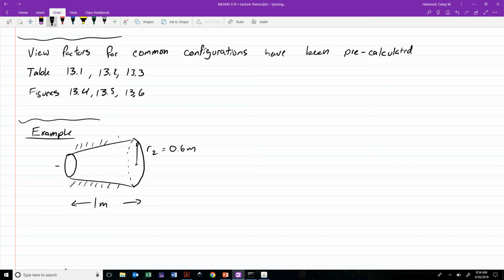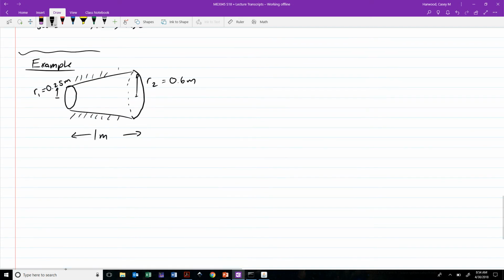And the small end here has a radius R1 of 0.25 meters. So if we're asked to find F13, I forgot to mention, surface 1 is here, surface 2 is here, and surface 3 is actually going to be this lateral surface of the cone.